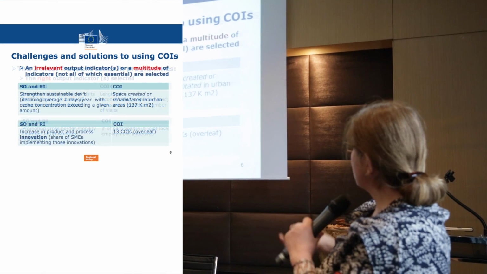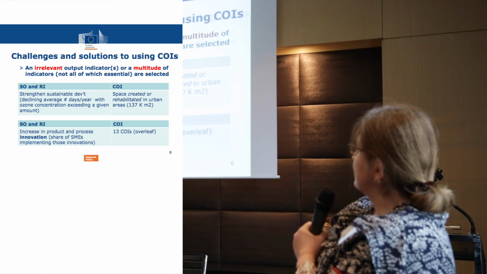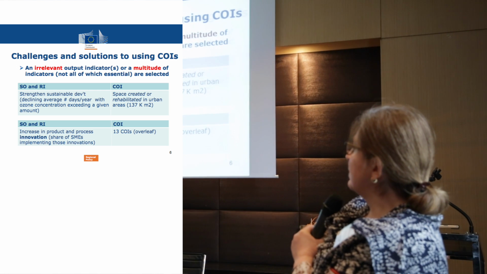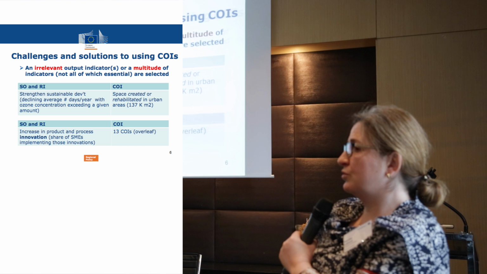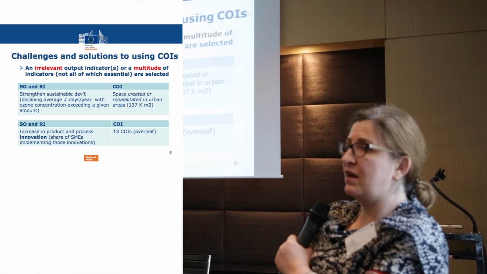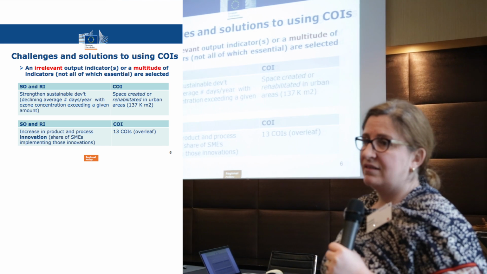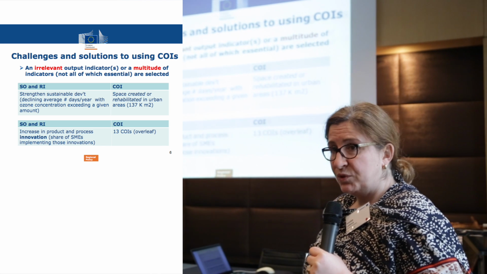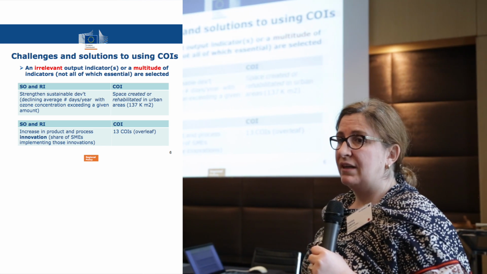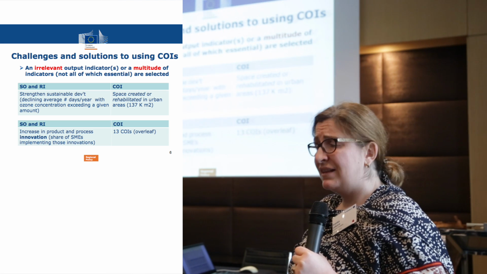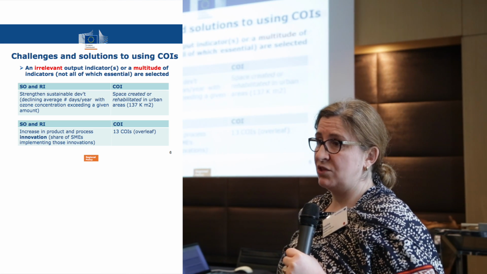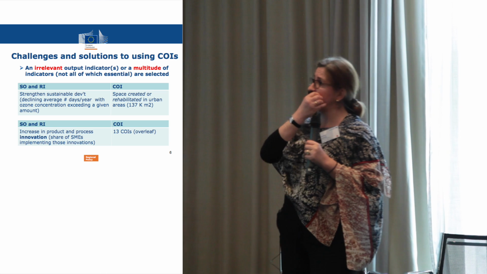The next one, the second case, is irrelevant indicators. I didn't want to say wrong because it has a very negative connotation, but at times the indicators selected are wrong. And you put on yourself additional pressure on collecting data on these indicators, and they're not going to help you at all in measuring your specific objective, but I'll come to this.